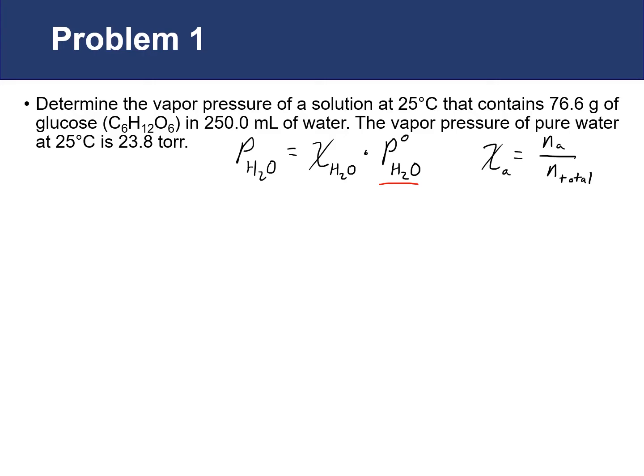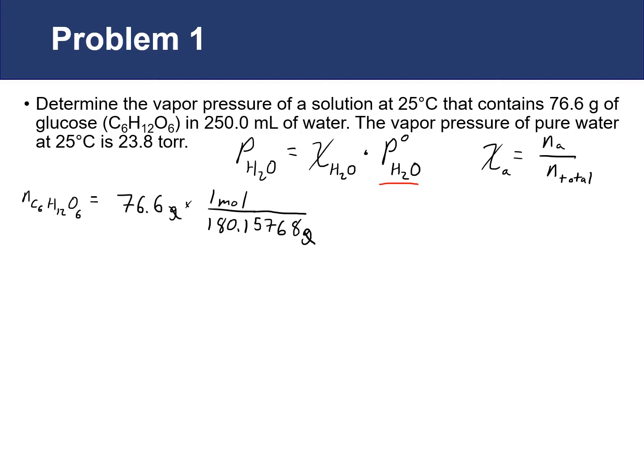We need the total number of moles for water, and we will add to that the total number of moles of glucose. So to get the number of moles for glucose, C6H12O6, that is equal to our mass, 76.6 grams, multiplied by our molecular weight. 1 mole of glucose weighs 180.15768 grams.